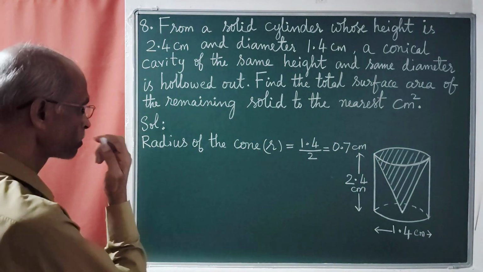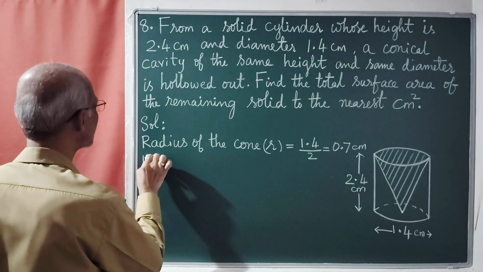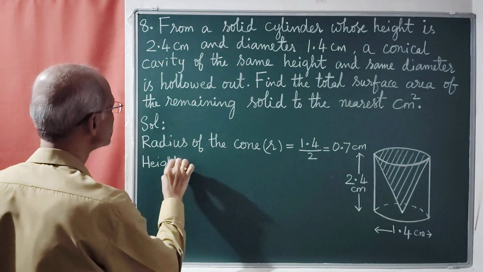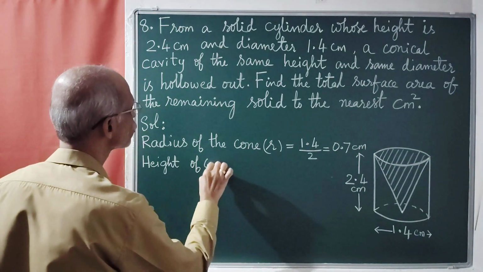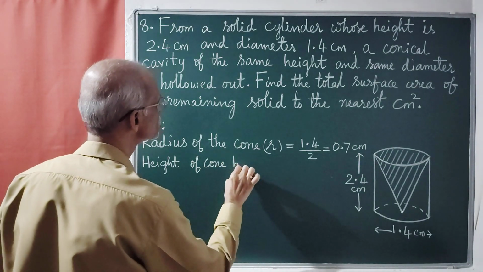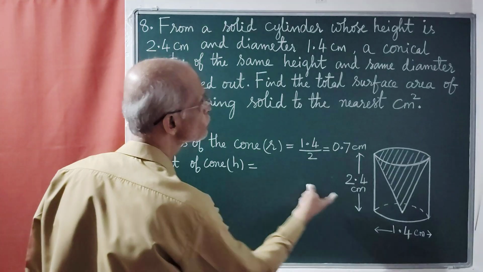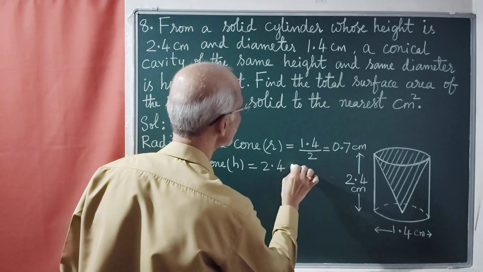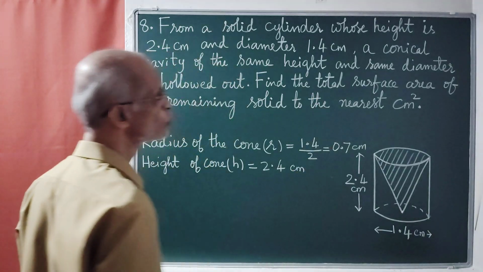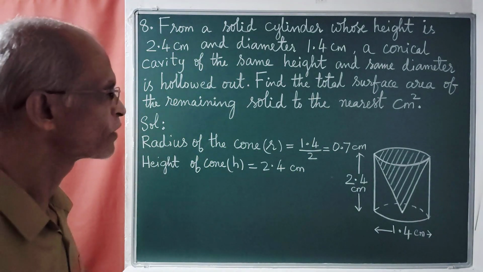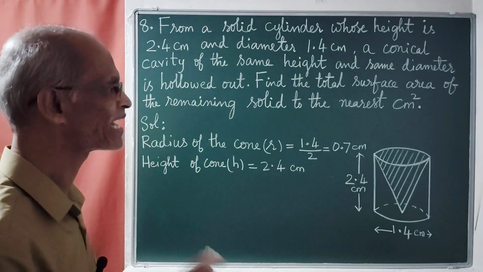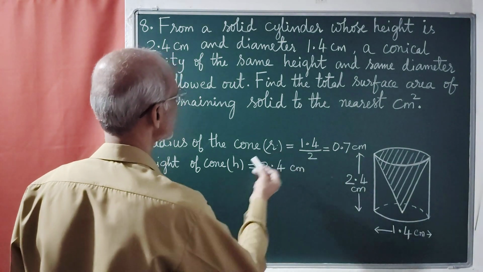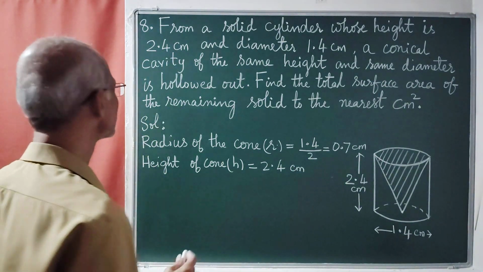Now the height of cone, h equal to 2.4. To find the CSA of the cone, we require the slant height L. So by using the radius and the height, we have to calculate the slant height.